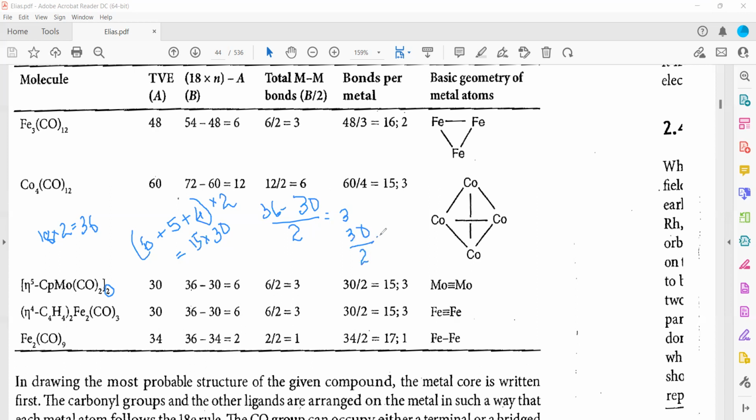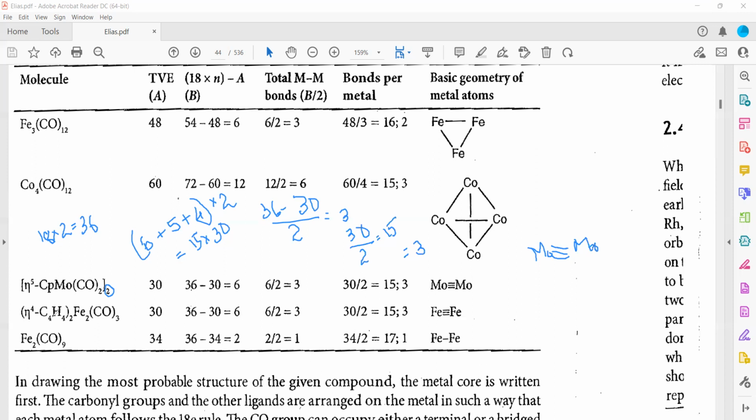Again, you need 3 more electrons to complete 18 electrons for each metal. That is why there are 3 bonds per metal. The only way to draw 3 bonds per metal is this, and you have a total of 3 bonds between 2 metals. There are only 2 metals in the complex, so the job is easy. In this case, you need to draw these 3 bonds. This is the only way of drawing it, right?